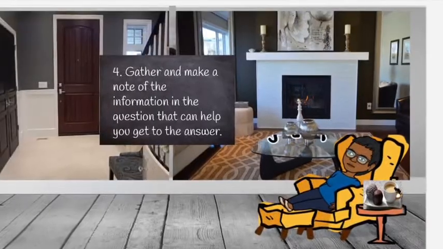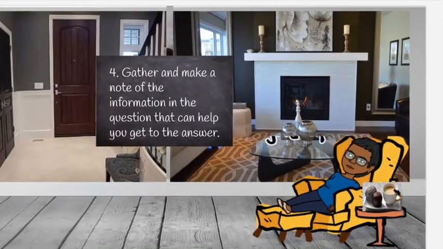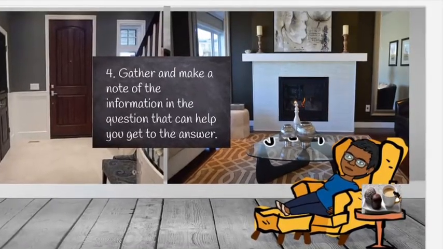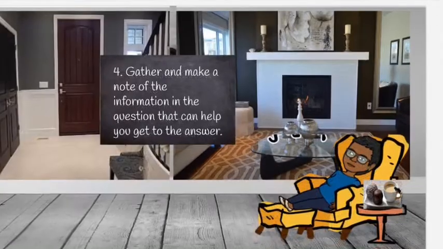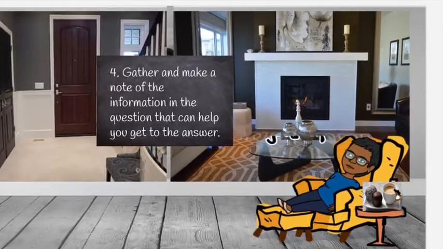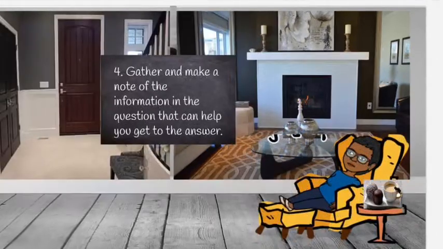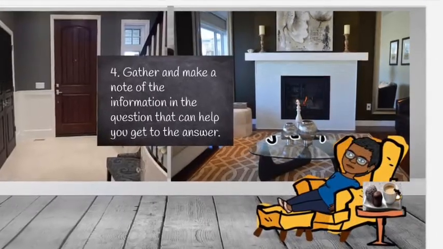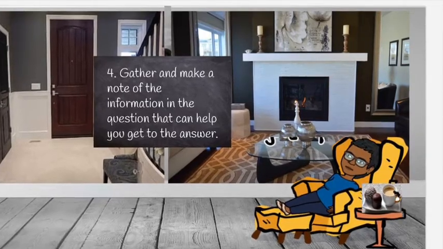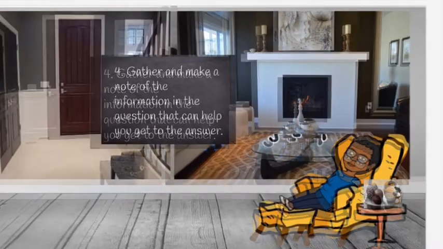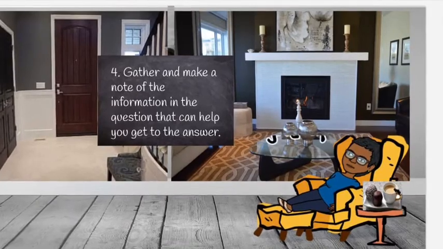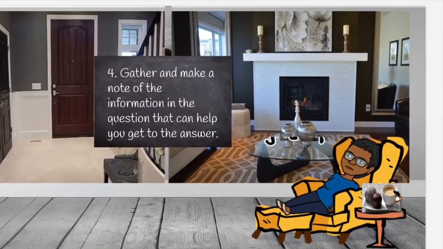So now you have read the question in its entirety. You have identified the key terms and key concepts from class. You have identified the action words, whether you're going to predict, justify, explain, describe, identify, or whatever the question is asking you to do.